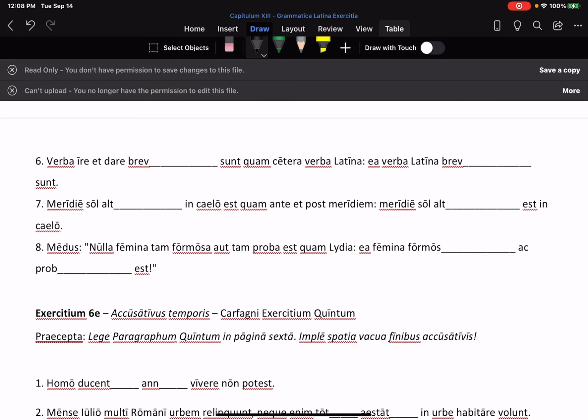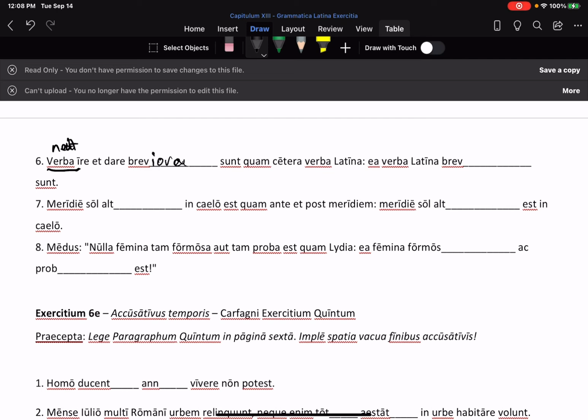Verba ire et dare brev blank sunt quam cetera verba latina. So we're talking about verba. So this is neuter plural, the subject, verba. So we should have breviora.